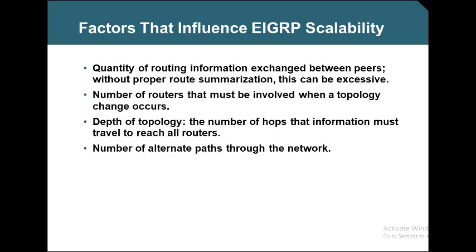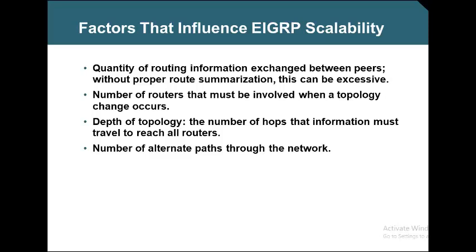When we have less memory and fewer lines of routes in the routing table, the time taken to process and the amount of CPU consumed will all be less. Summarization is a very important feature that one should enable to improve the scalability of the network. Not only for EIGRP, it's common for any routing protocol.